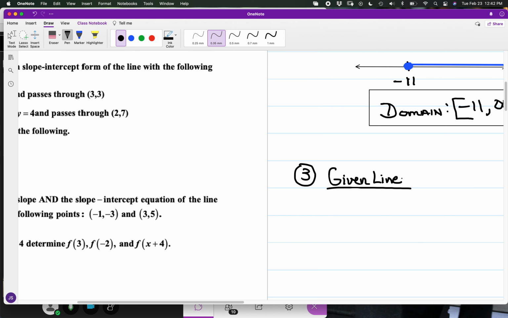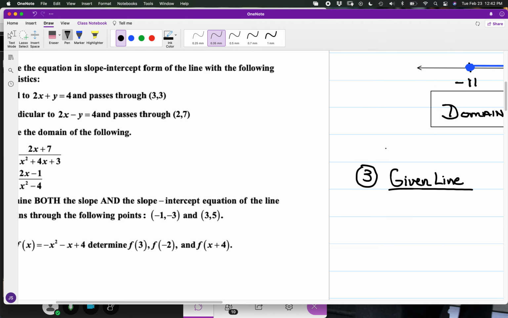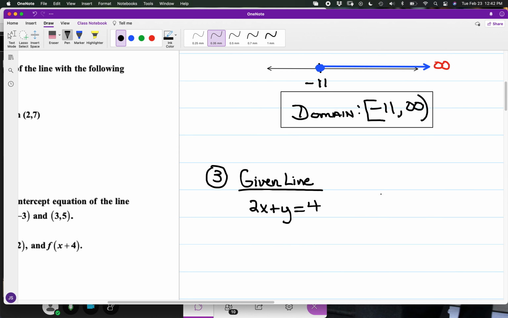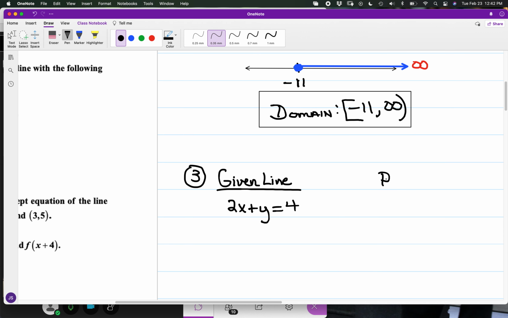we have the given line, 2x plus y is equal to 4, and we're going to find out just what the parallel line is going to be. Again, parallel lines are going to have the same slope.